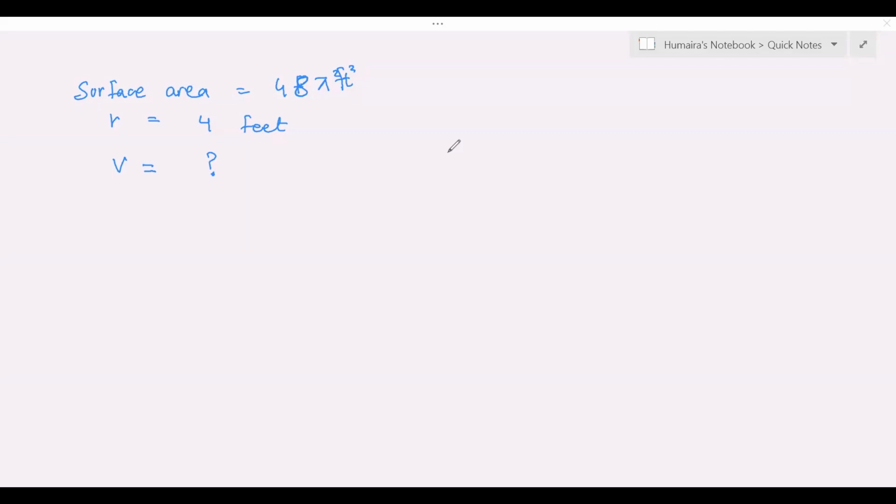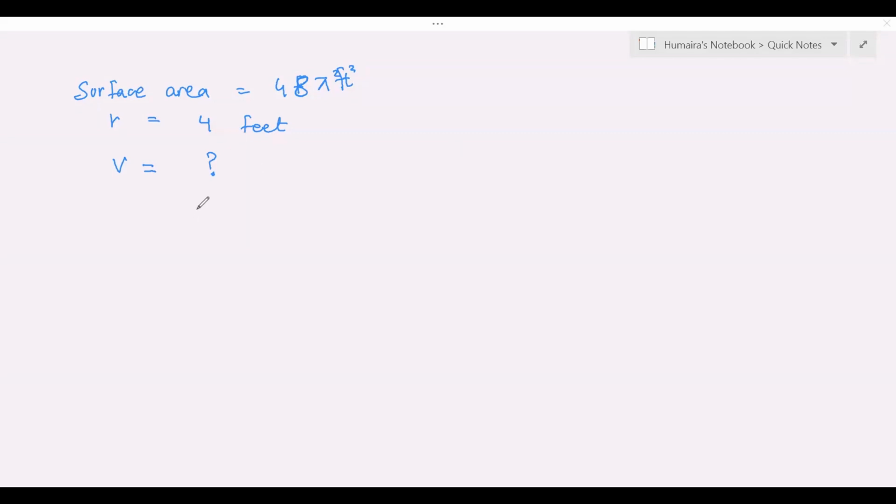Would we also use the same formula that we used in number 5, pi times the radius squared and then the height?